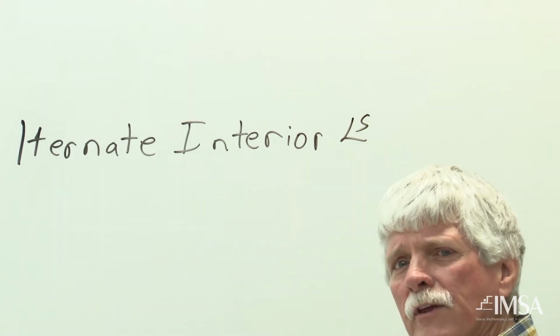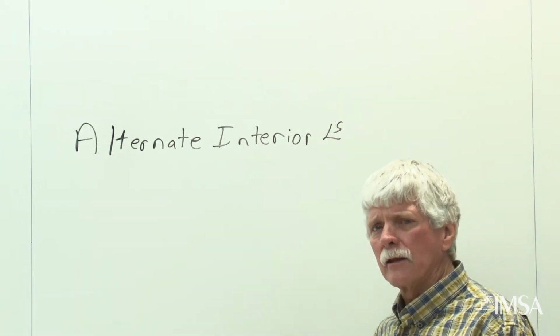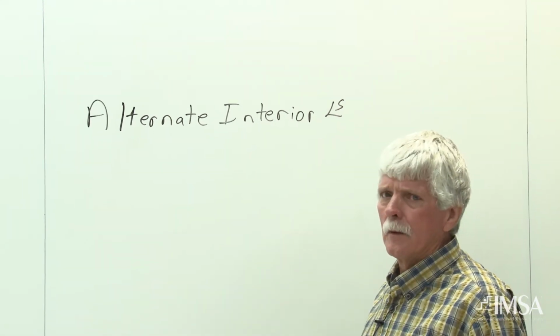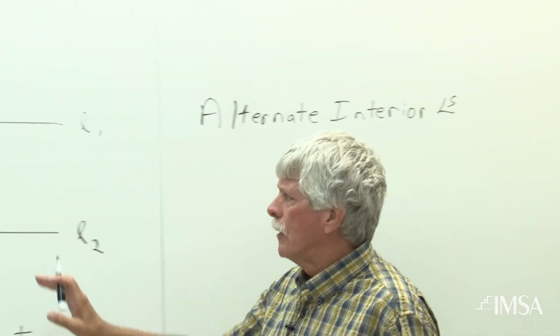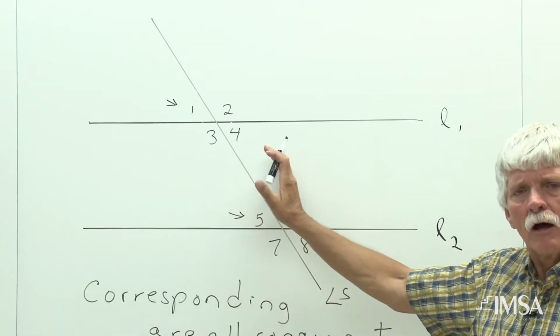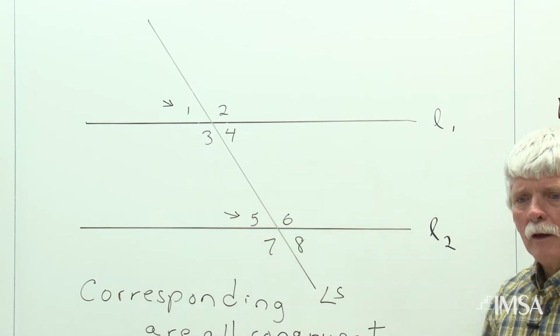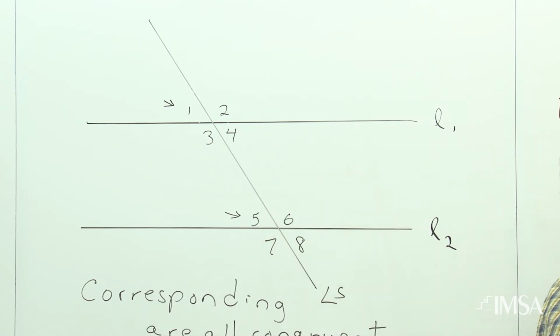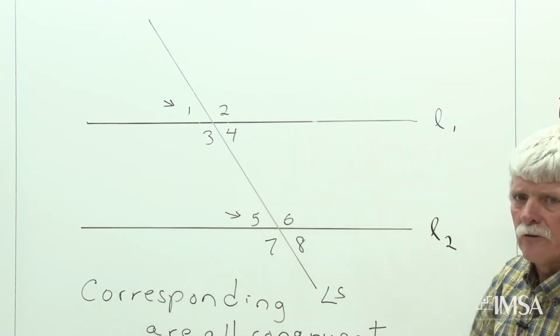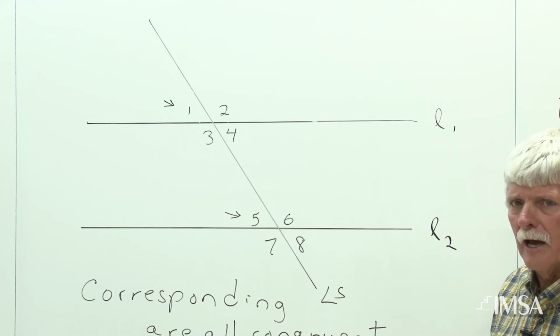Now, we can take a look at what we have with the corresponding and guess at which angles these are. Alternate, they're going to be on opposite sides of the transversal. And because they are interior, they are going to be inside of the parallel lines.